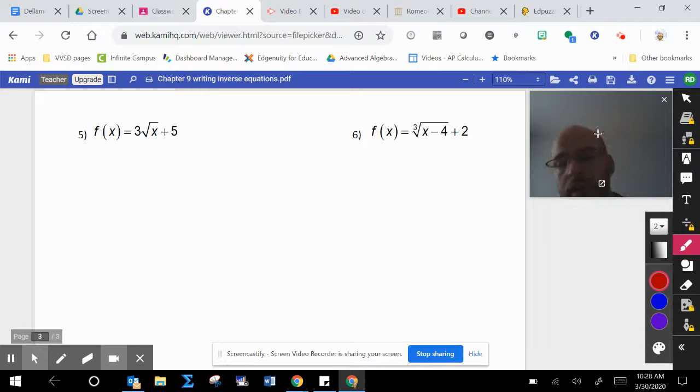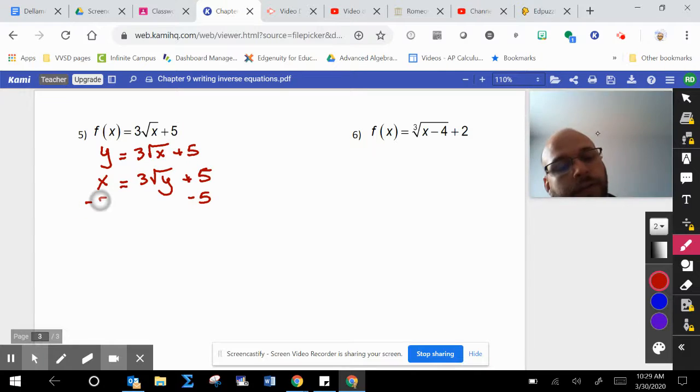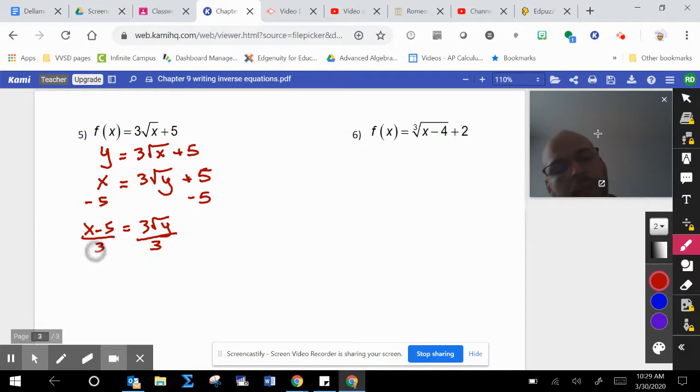So if I write this as y equals 3 square root of x plus 5, I'm going to transpose my x and y variables just like before. And I still isolate just like before. So subtract the 5. So x minus 5 equals 3 square root of y. Second step would be to divide that 3.